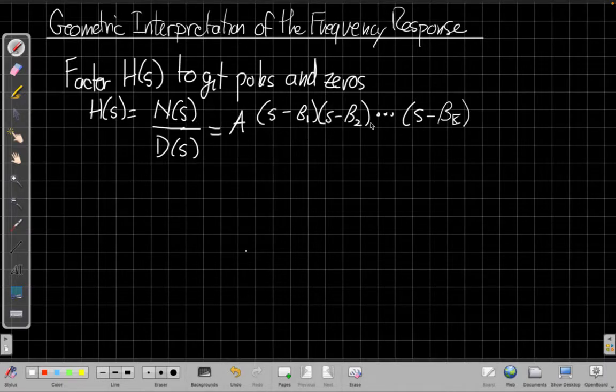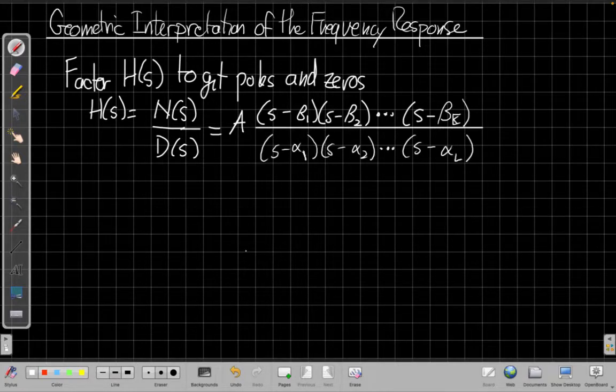Similarly, the roots of the denominator, which are the poles, will be alpha 1 through alpha L. The factors in the numerator, the beta sub k's, are the zeros, and the factors in the denominator, alpha sub l, are the poles.